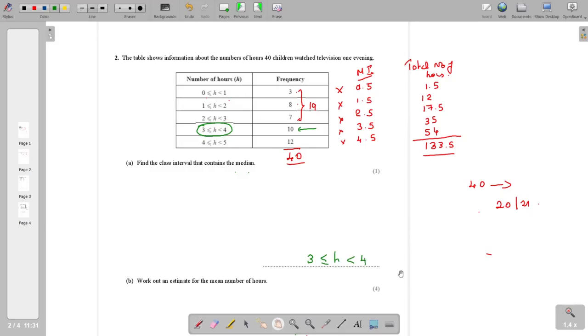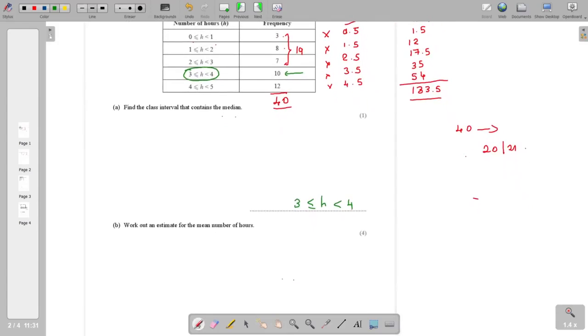Estimate the mean, we already worked it out. So looking at the working out earlier is 1,335 total divided by the number of children.